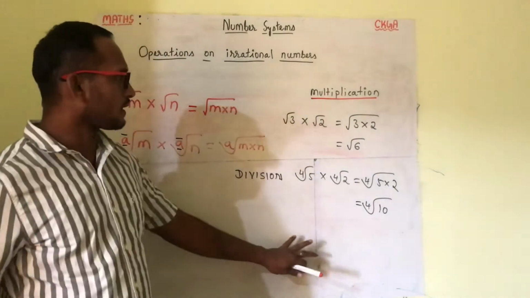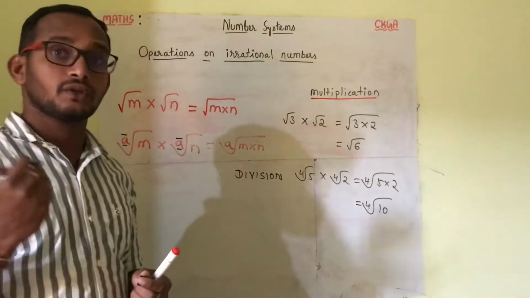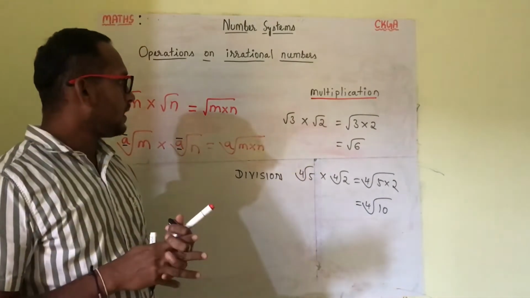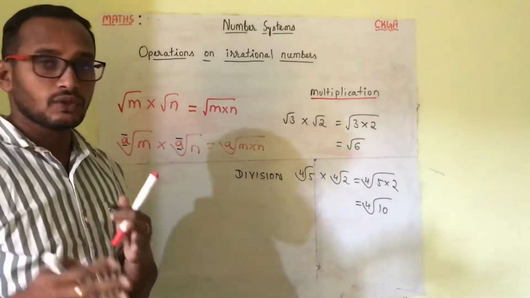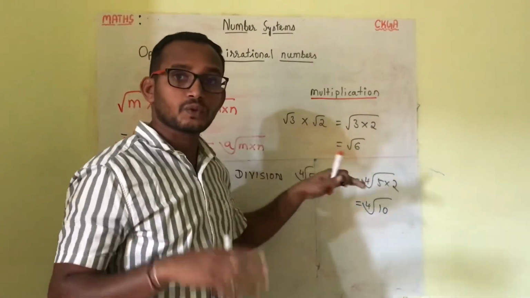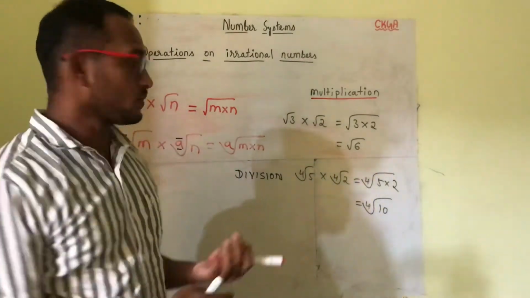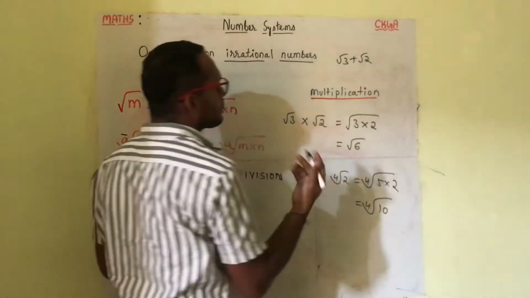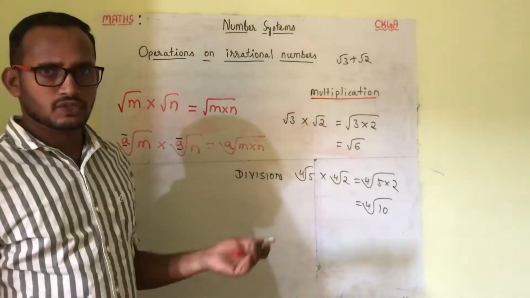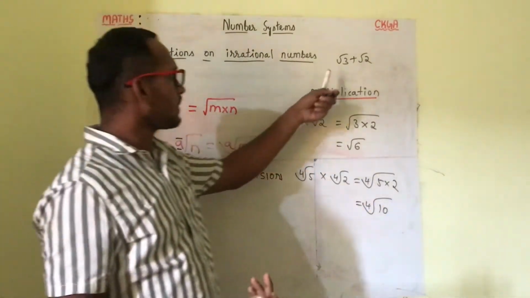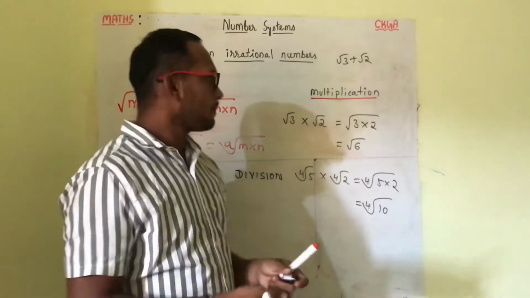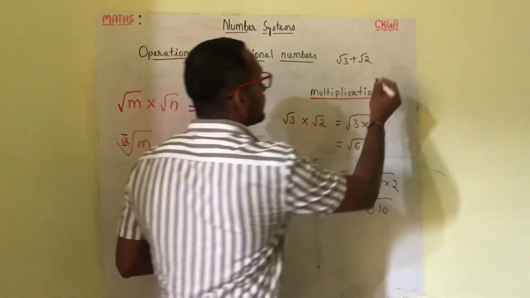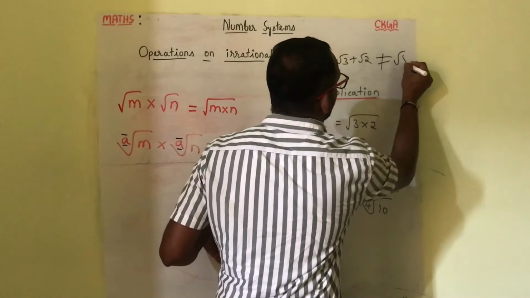This was one thing. What error could be made by you people in case of addition? You will compare this multiplication process with the addition process. Suppose you have root 3 plus root 2. I know root 3 into root 2 is root 6, because the orders are same and the radicands you can multiply. But root 3 plus 2 will never ever equal root 5.